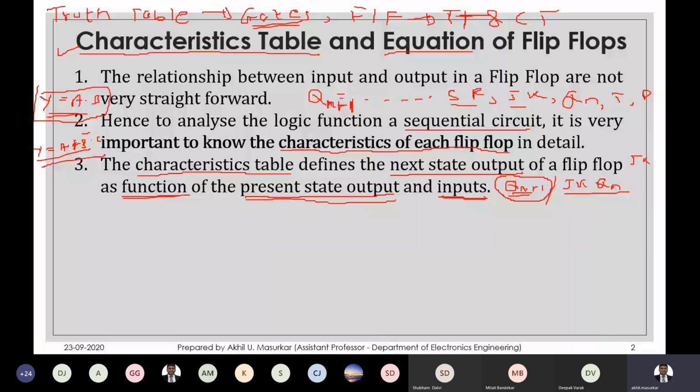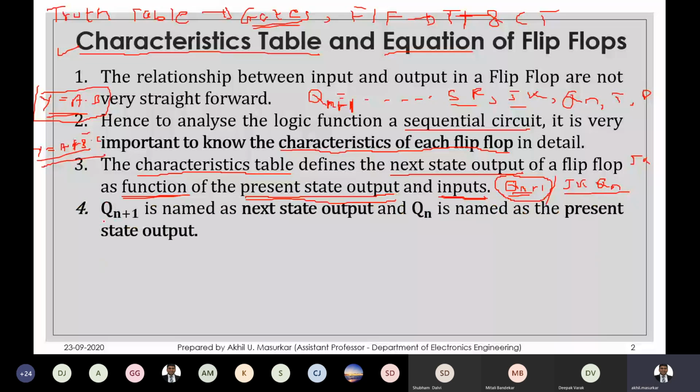Qn plus 1 is named as the next state output and Qn is named as the present state output. Many times the shortcut words are NS and PS. NS means next state and PS means present state.